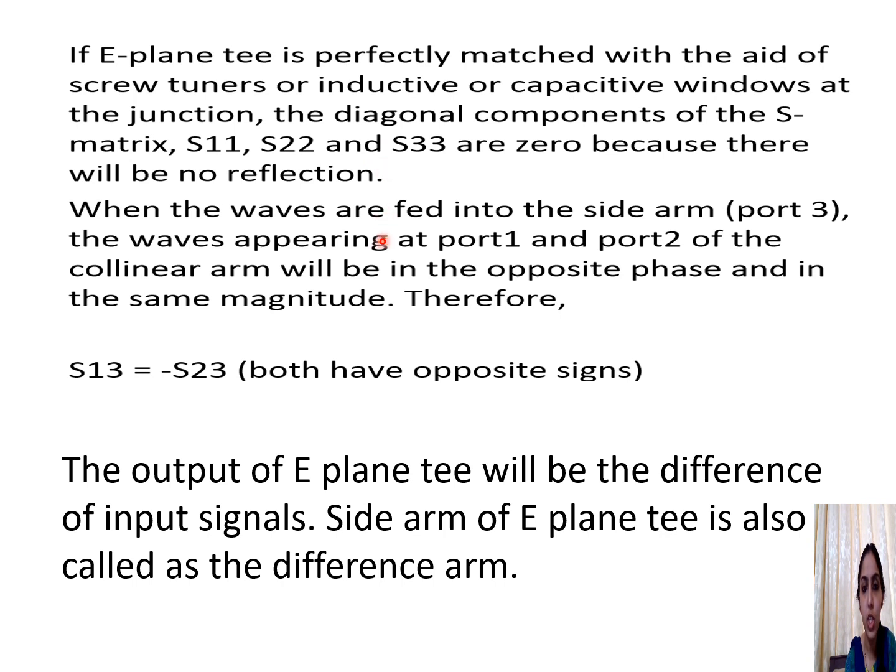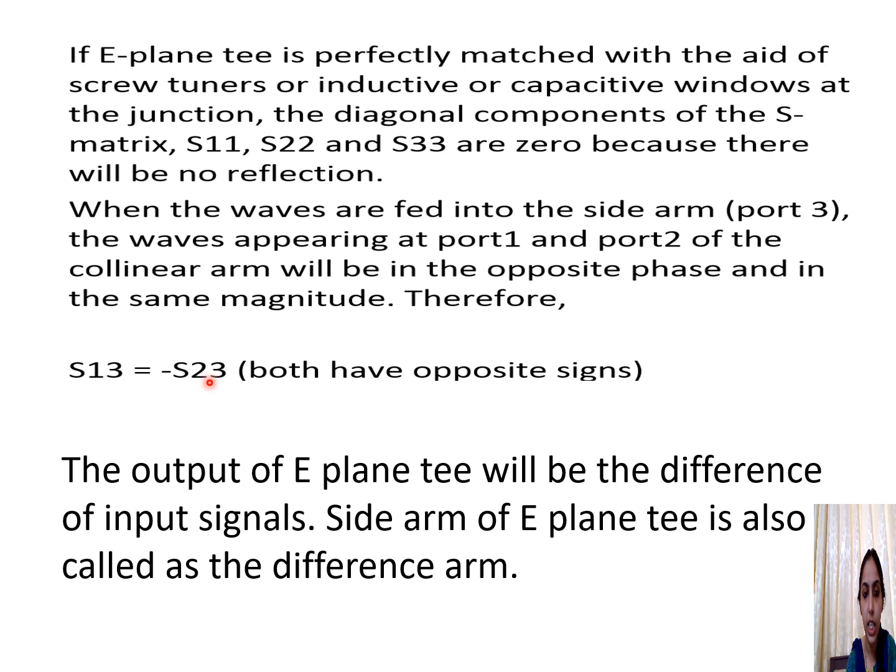We have also seen from the diagrammatic representation that when we apply an input at port 3, that is our side port, the waves appearing at ports 1 and 2 will be of opposite phase and the same magnitude. We get equal magnitude signals, but with a 180-degree phase shift with respect to each other.